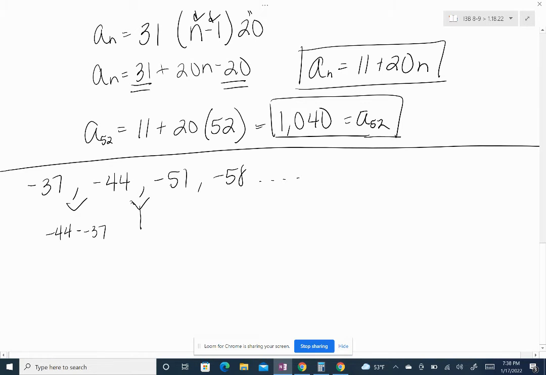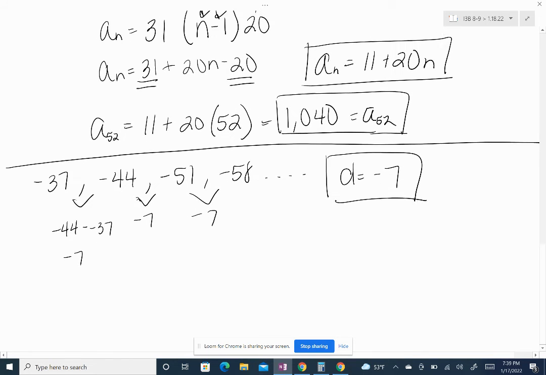And this would be the negative 51 minus negative 44. And that would be negative 58 minus negative 51. And then every single time, it's going to give you a negative 7. And just for the sake of time, I'm not going to put it on the calculator, but I would definitely suggest for you to double check everything in your calculator.